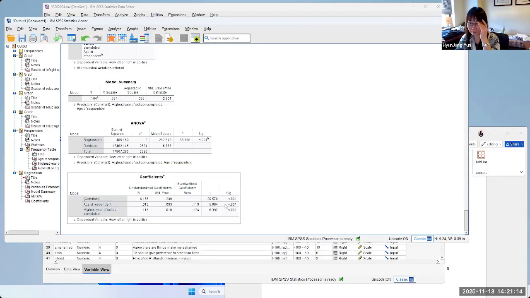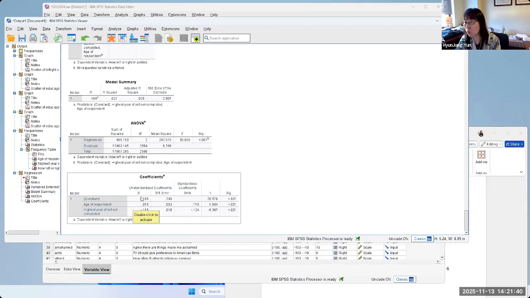So here, the slope's value is 0.016, okay? And it is positive and statistically significant. Controlling for education, age is an important indicator for ideology. How much? You can use the actual unit.